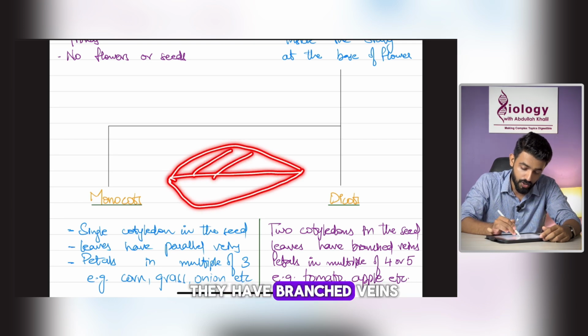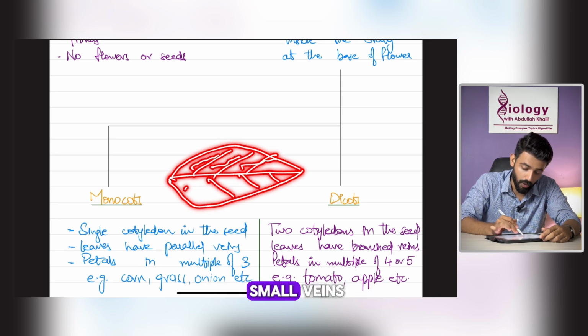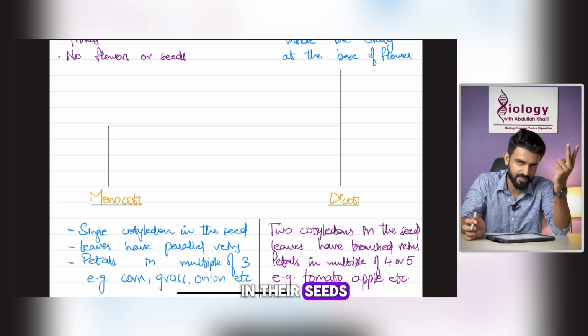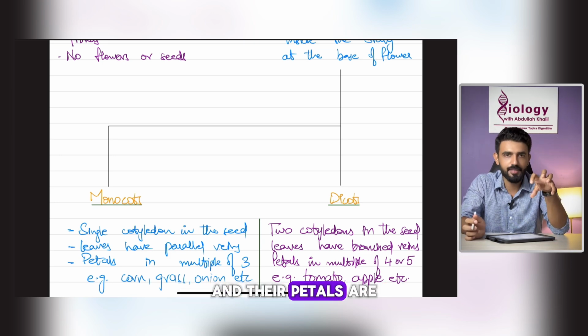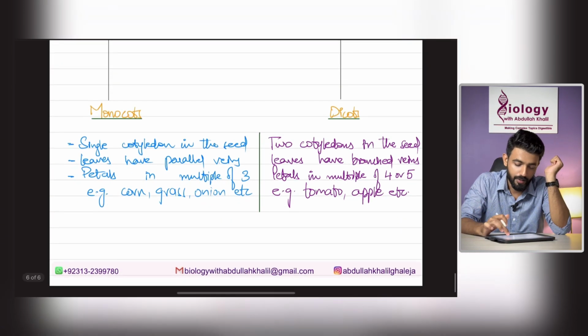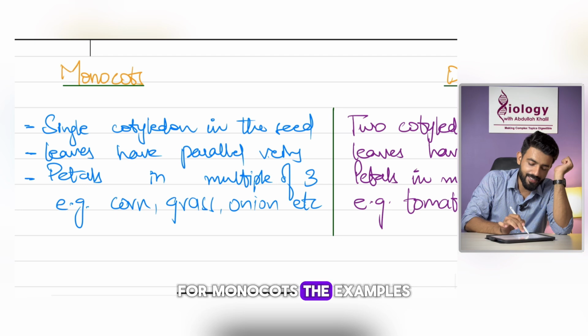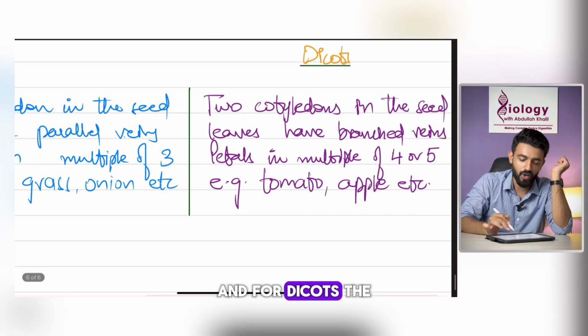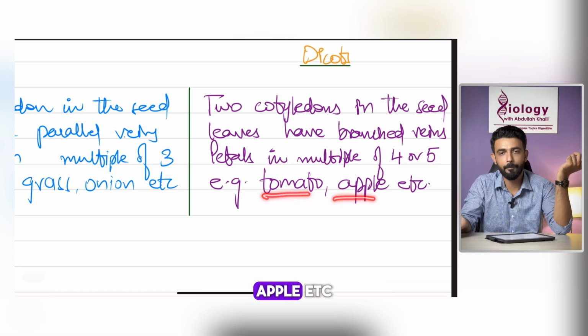Okay, they have branched veins. Okay, even inside they have small veins. So they have branched veins in their leaves. They have 2 cotyledons in their seeds, and their petals are 4 or 5 or multiple of 4 or 5. For monocots, the examples are corn, grass, onion, etc. And for dicots, the examples are tomato, apple, etc.